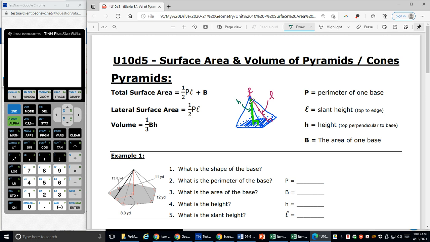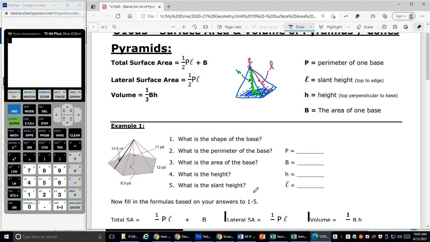What's kind of neat is your height along with your slant height, along with partway across your base, will always create a little right triangle, which means expect to possibly be using the Pythagorean theorem or working with right triangles when we're working with heights and slant heights.